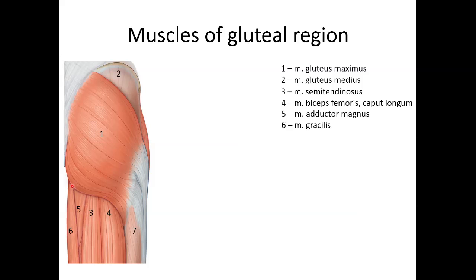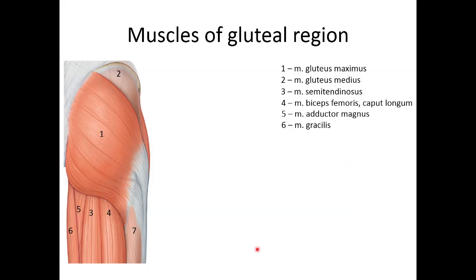So it means that in our cadaver, in posterior surface, we could find this number 5, musculus adductor magnus, and also we could find it on the anterior surface.